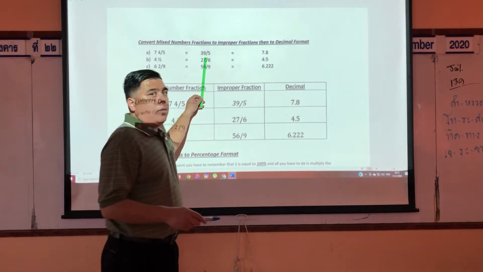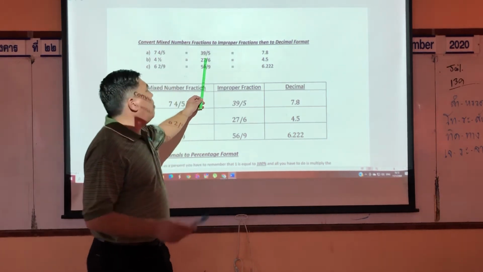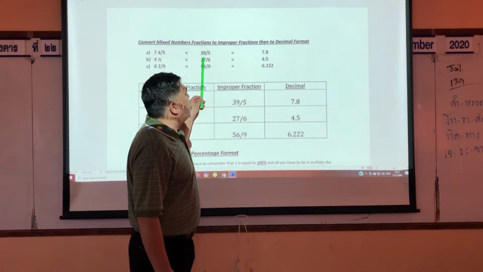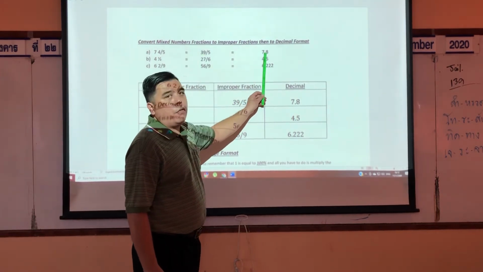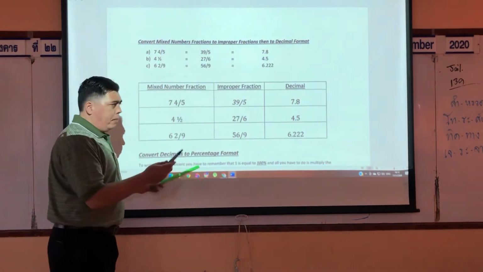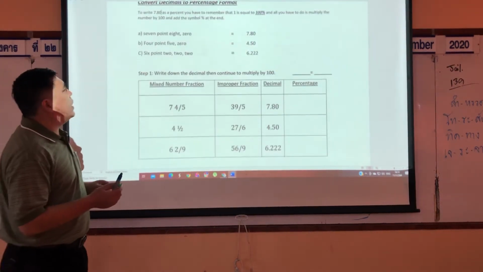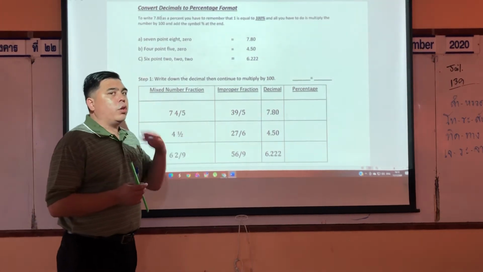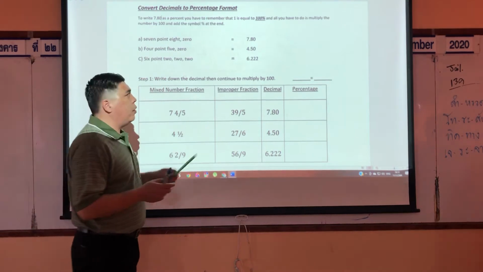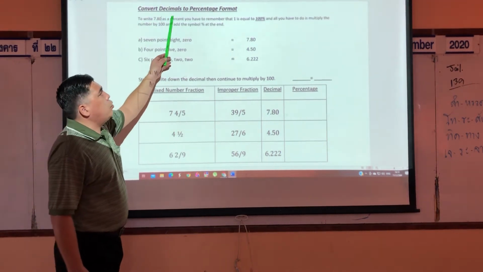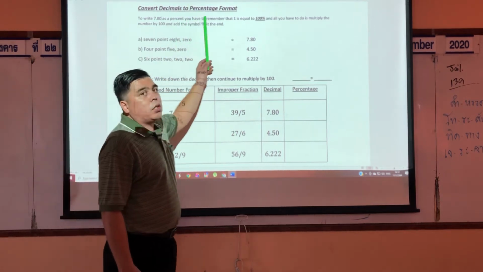Then in the next clip I asked you to form the improper fractions to decimal format. So today, you have already done those three things, so this is the final part of this. We're going to convert decimals to percentage format.